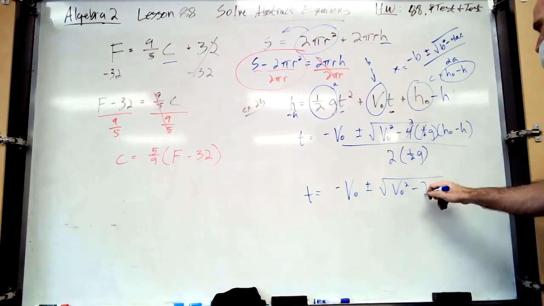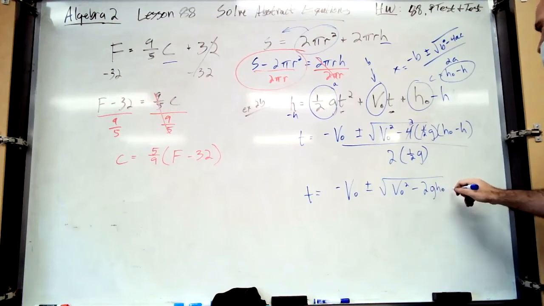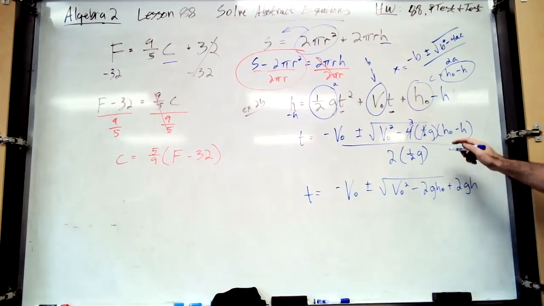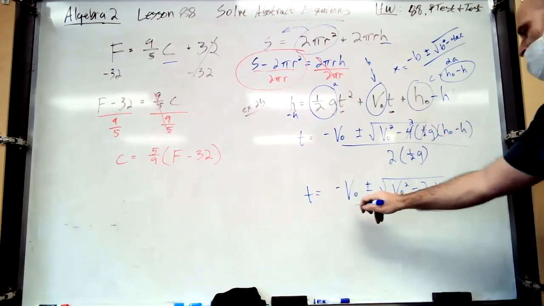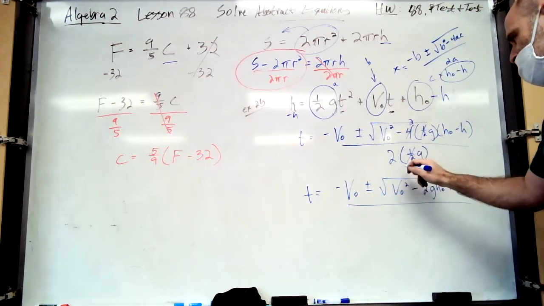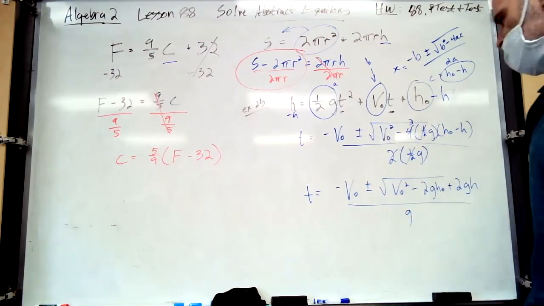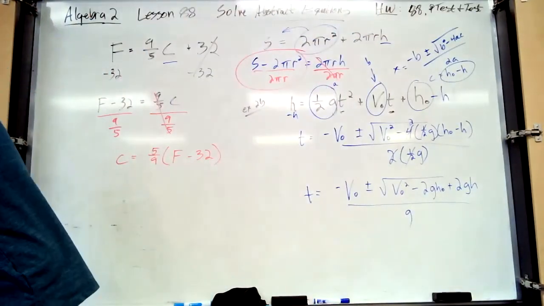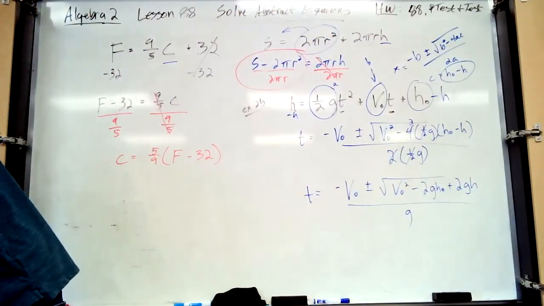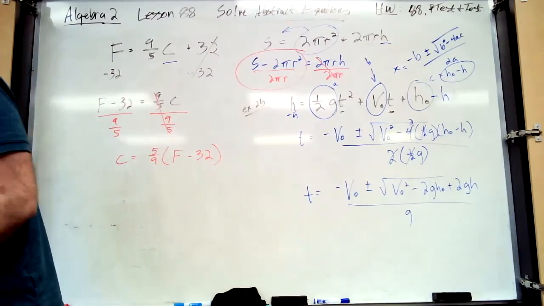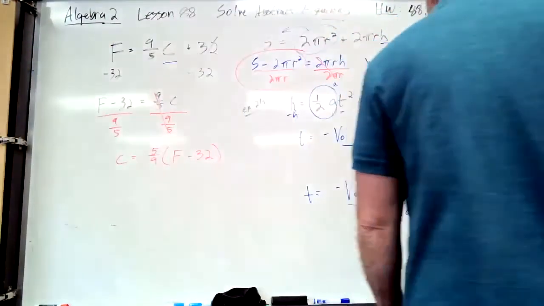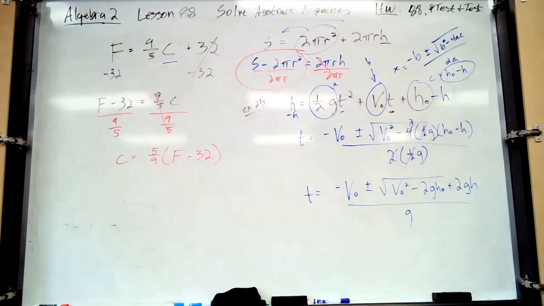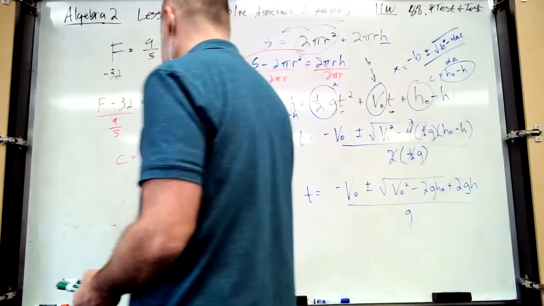So minus 2g h naught, or plus 2gh, because you're subtracting a subtraction. Isn't this messy? This is terrible. And then it's all over g. So that's your final formula for that. That was a pain, but that's what it is. Simplify as much as you can, call it good. That's about as complicated as it's going to get.